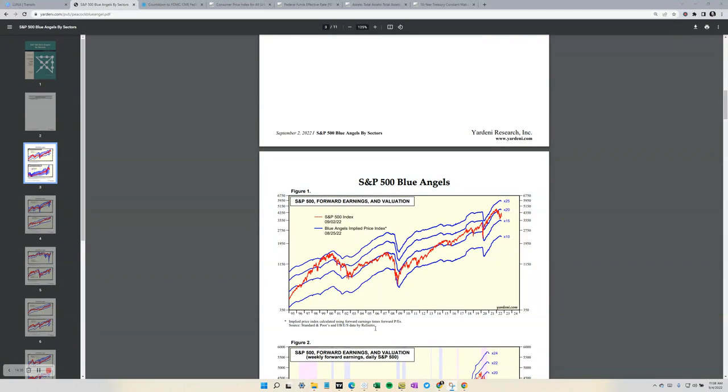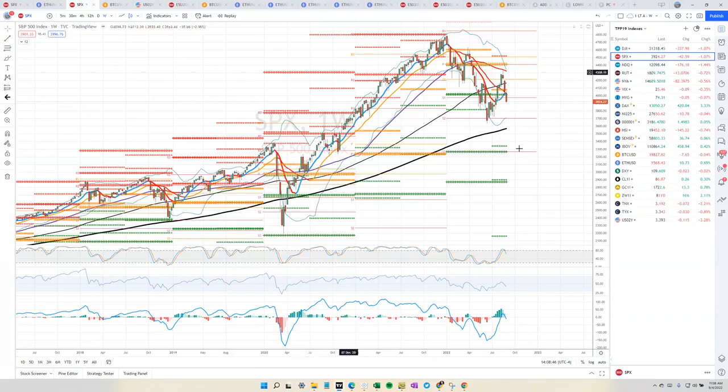But now I'm going to go back to the S&P chart on a weekly basis. So we just said, okay, 14 is 3,400 and 15 is 3,600. Where is that? Well, 3,600 would be down here. This is very doable. And I'm not talking necessarily September. I'm talking about anytime in the next 6 months.